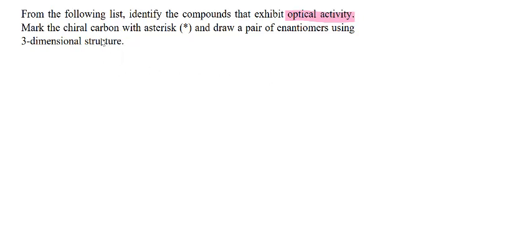So for the compound that exhibits optical activity, you have to mark the chiral carbon with an asterisk and draw a pair of enantiomers using a 3D structure. So, how do we identify whether the compound has a chirality center, or we can call it a chiral carbon? First, that carbon must be an sp3 hybridized carbon.